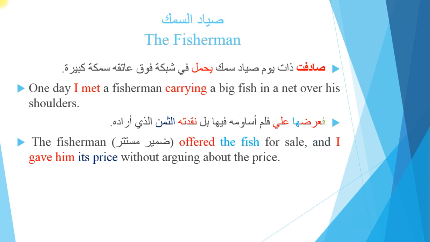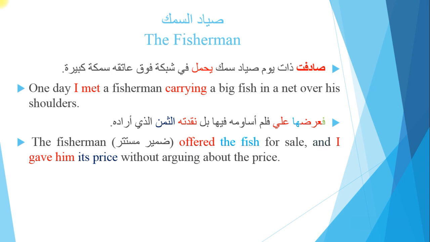We won't translate علي, we won't translate "offer the fish for me," because from the context we see that it is a conversation between two persons. So we don't need to translate "for me" or "for him." The fisherman offered the fish for sale, and that obviously explains that he offers it to me.